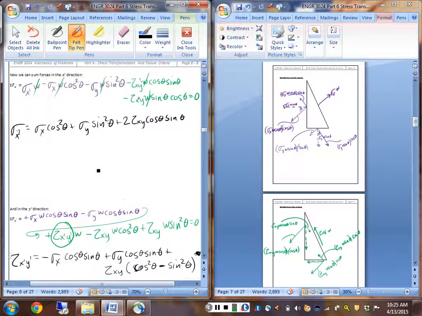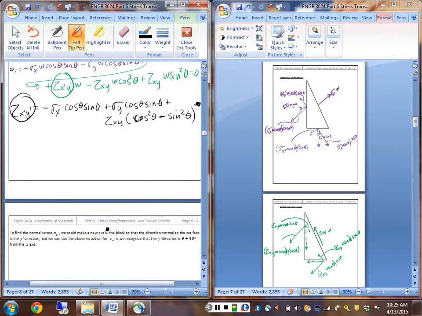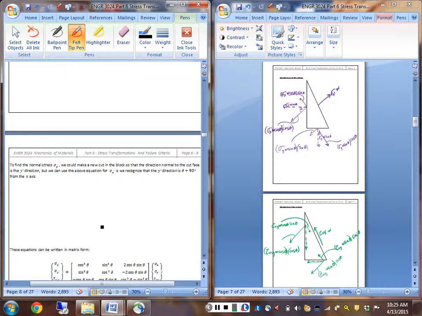Okie dokie. So now we have two equations. We have an equation for our sigma x prime. We have an equation for our tau x prime y prime. We're still missing one. We need our transformed y normal stress. We need our sigma y prime. And this is where a little trig trick comes in.